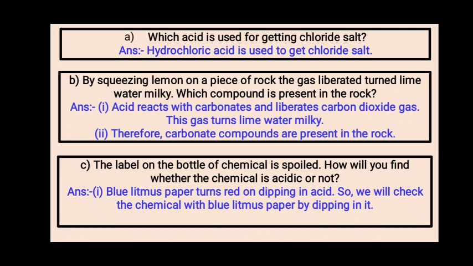When the blue litmus paper is dipped in that particular bottle, and if that blue litmus paper turns red, that means that given solution is acidic. If there is no change in the color, or if it remains the original color, that is, it remains blue only, that means the given substance is not acid. Also, you can do this by making use of phenolphthalein.